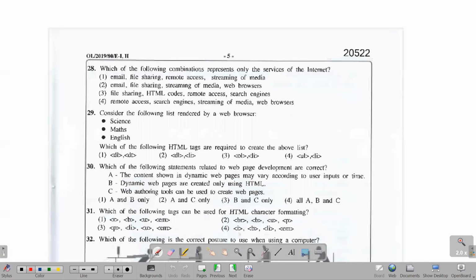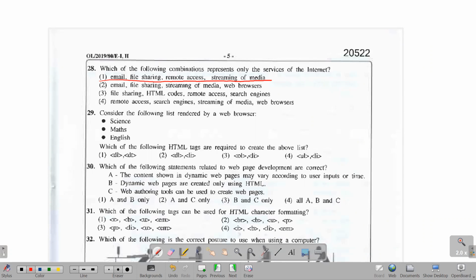Which of the following combinations represents only the services of the internet? Okay, so the first one: email, it is a service. File sharing, it is a service. Remote access, it is a service. Streaming of media, of course, it is a service. So the first one must be the answer.